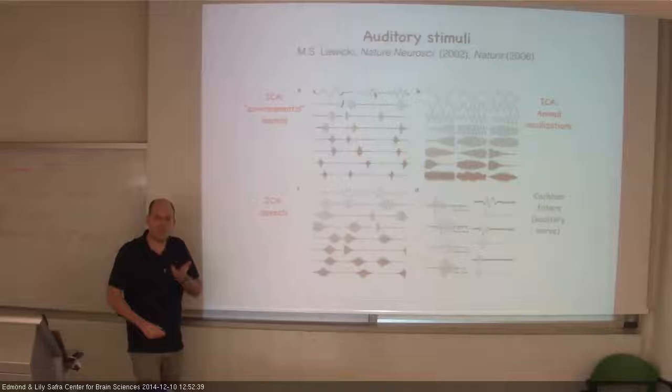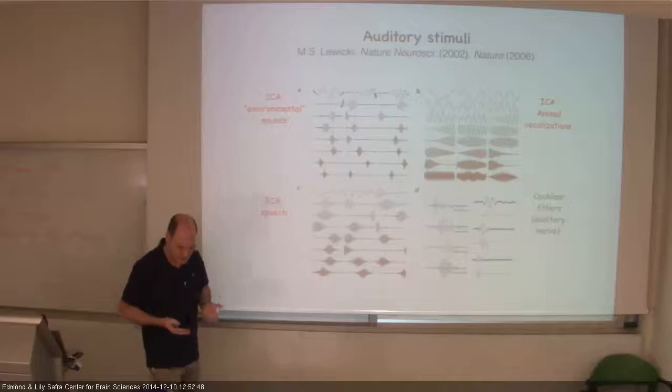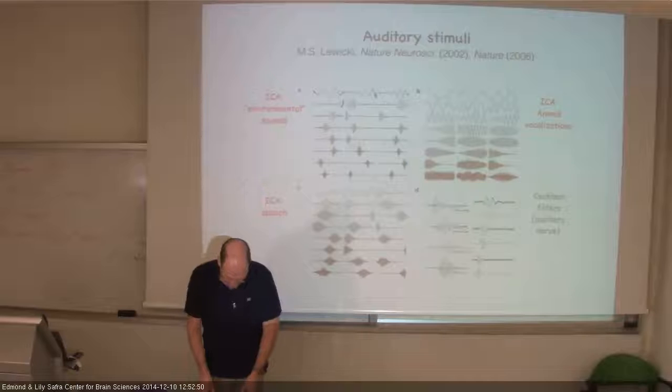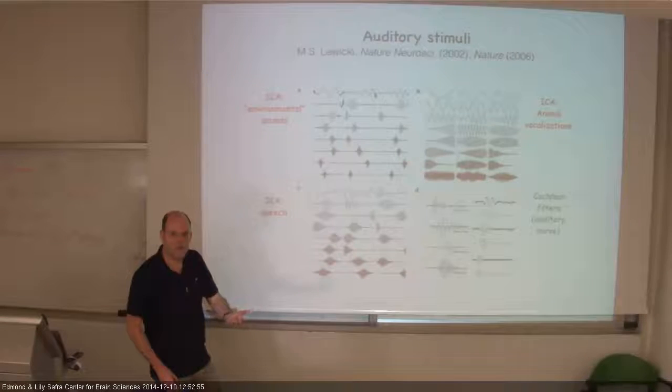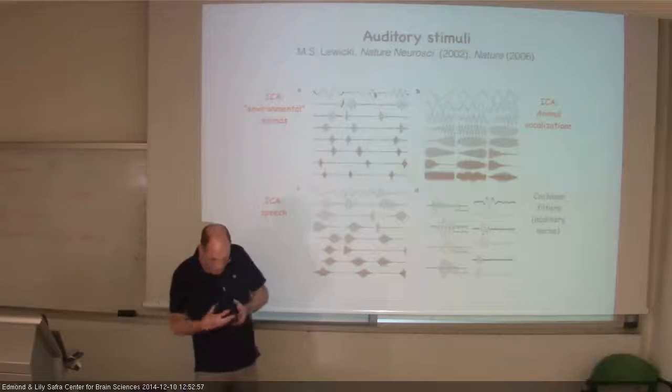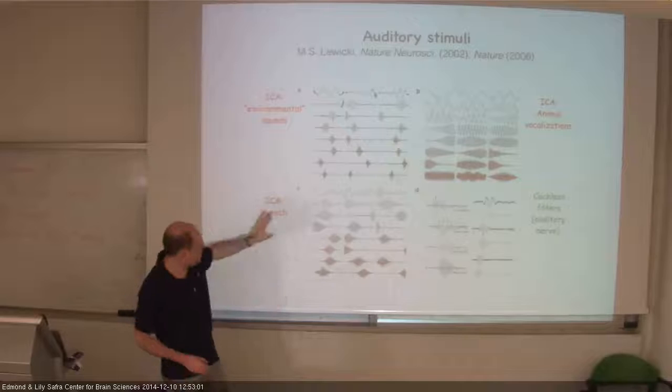For odors, it's much, much less clear. The space of different odors and its natural occurrence statistics is much less characterized. And this is why it's much more difficult to answer whether the representation in the olfactory system is somehow shifting to independent components. So this is one set of questions.